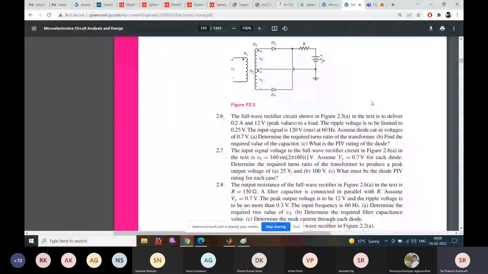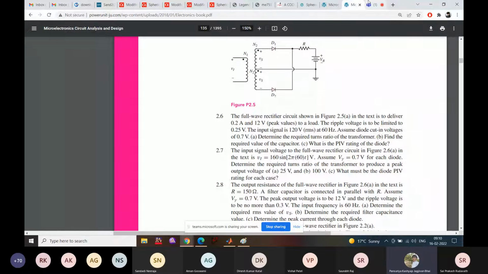If you apply KVL, if D1 is on, D2 will be off, or if D2 is on, D1 will be off. So the peak voltage will be 12 plus 0.7. Got it? Understood?